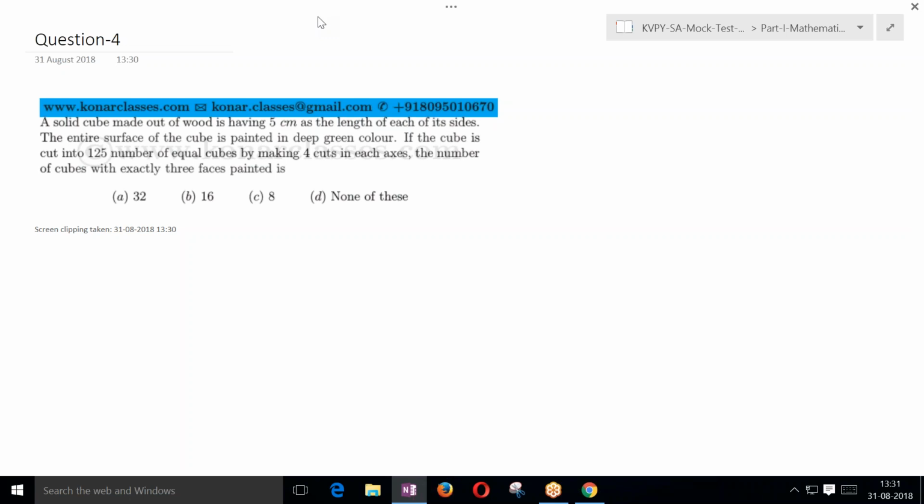Think about the cube, and visualize. Let me bring one figure here. Just give me a second.